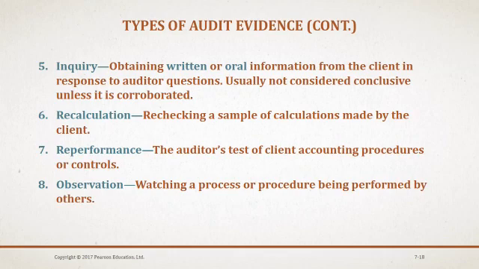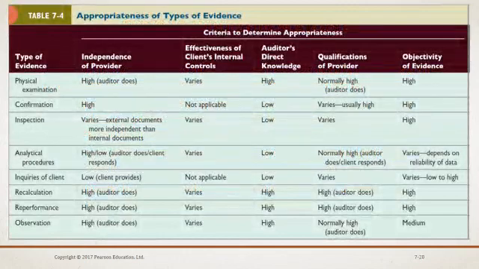Number 8. Observation means looking at a process or procedure being performed by others, and this type of evidence is not highly reliable. This table shows the appropriateness of types of evidence. There are criteria to determine appropriateness as follows.